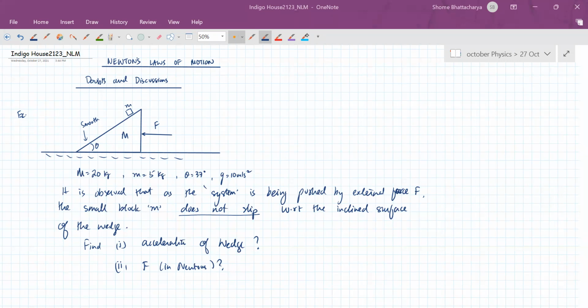The numerical value. Send me the numerical answer in newtons in the text message, because others might be trying to solve the question in the meantime.